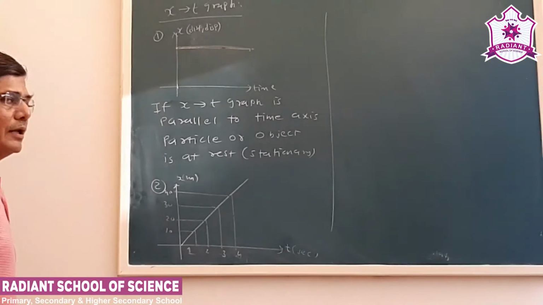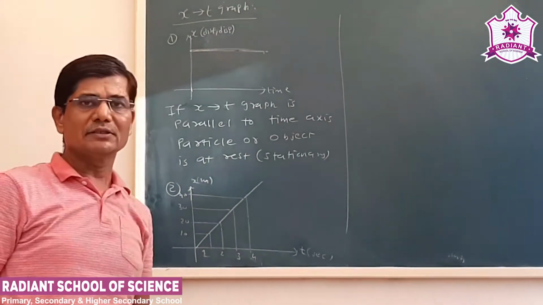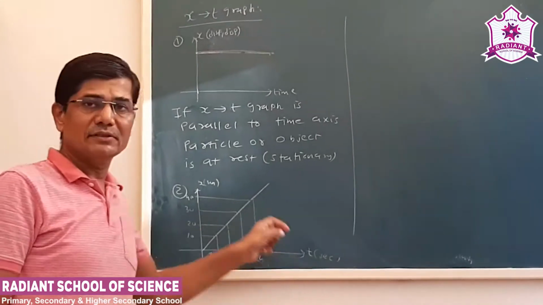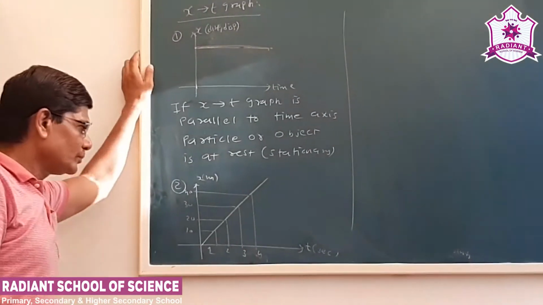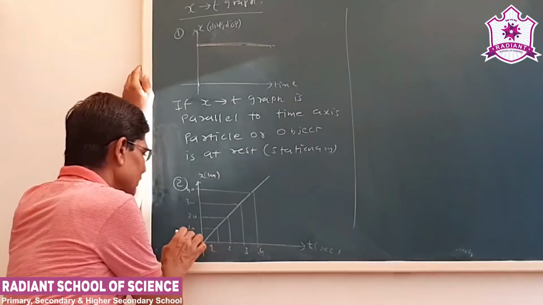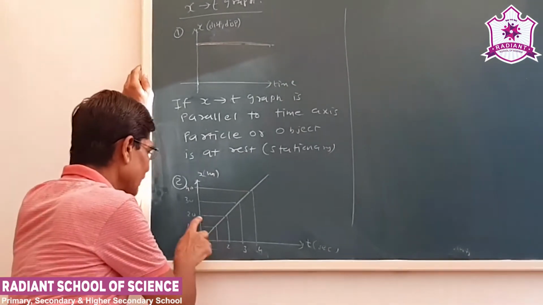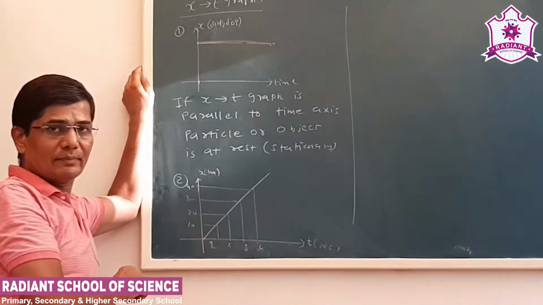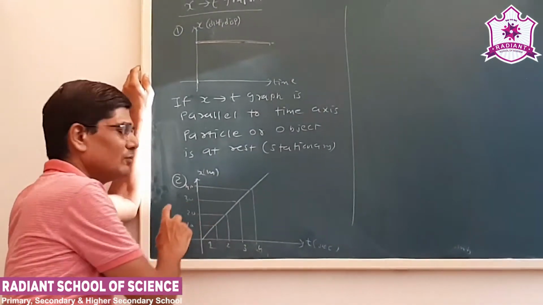Sorry, x versus t graph is a straight line. Now see, when time is 1 second, position is 10 meter. Time is 2 second, position is 20 meter. Time is 3 second, the position is 30 meter. Time is 4 second, position is 40 meter.